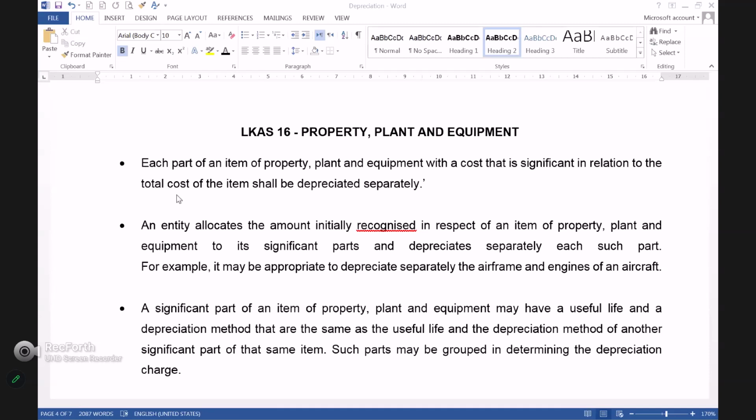The aircraft means flight, aeroplane. Here they said the depreciation is calculated separately for the engine and the airframe. That is the separation. Some property, plant and equipment parts are depreciated separately. That is what is said about property, plant and equipment.